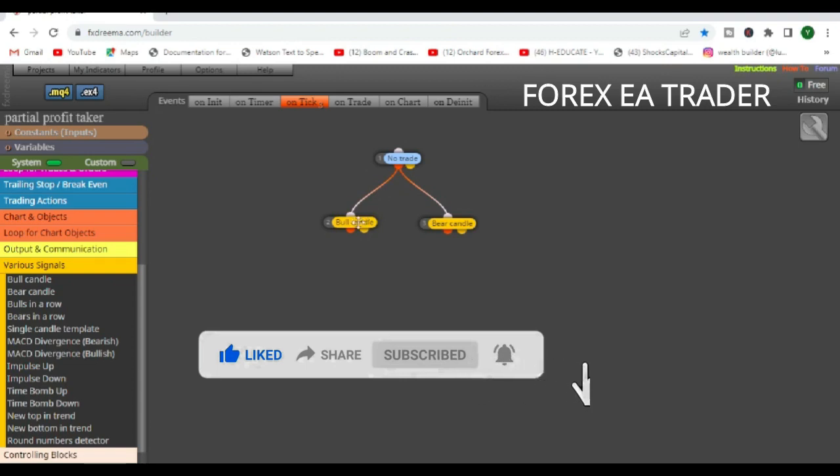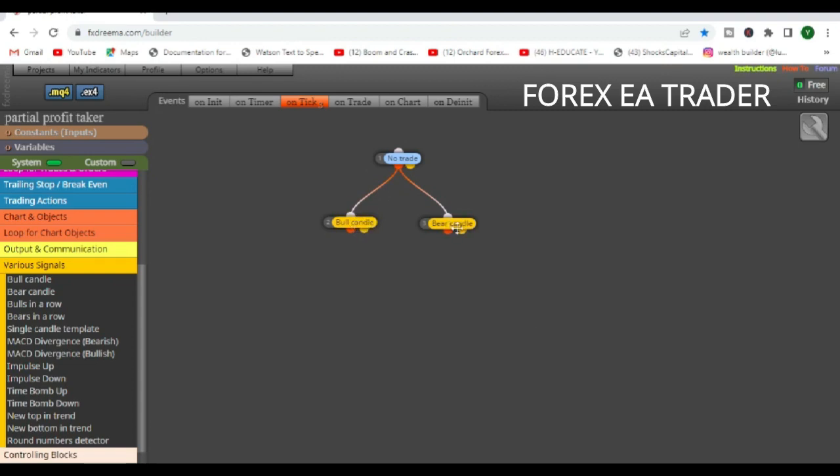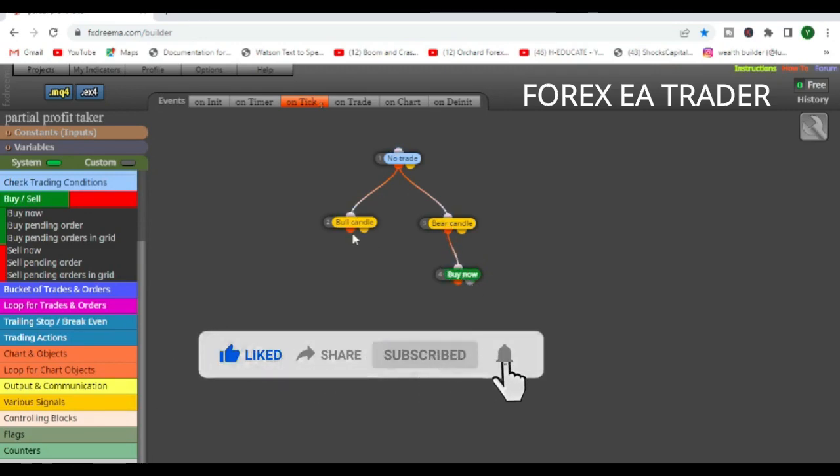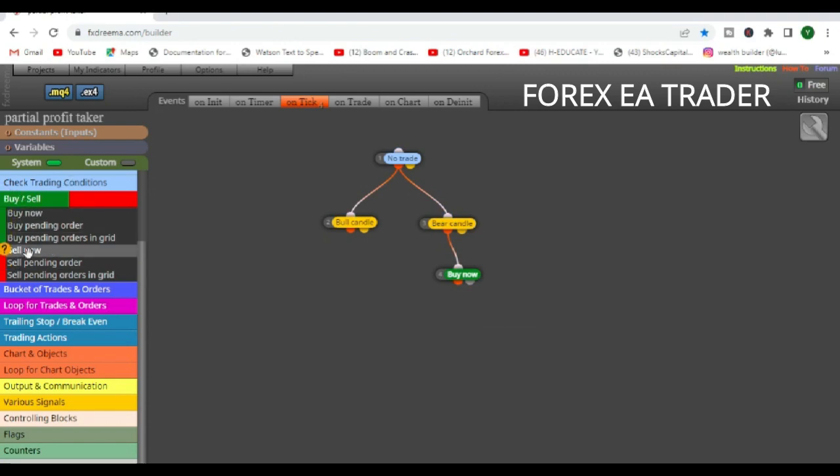The moment our robot notices a bull candle or a bear candle, for the bearish spike, we want the robot to buy. For the bullish spike, we want the robot to sell.